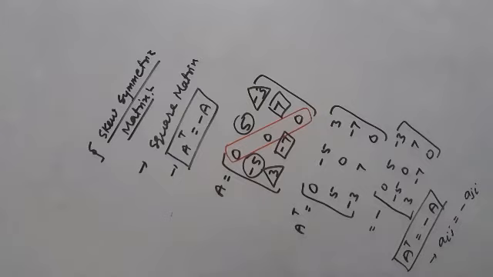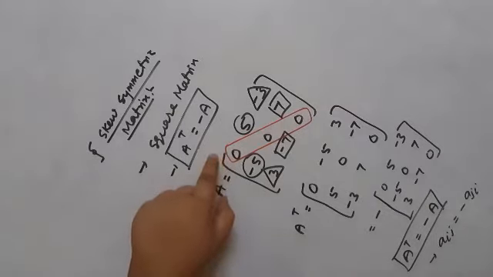Now write down: the elements of a skew symmetric matrix are such that aij equals minus aji, and all elements of the leading diagonal are 0.